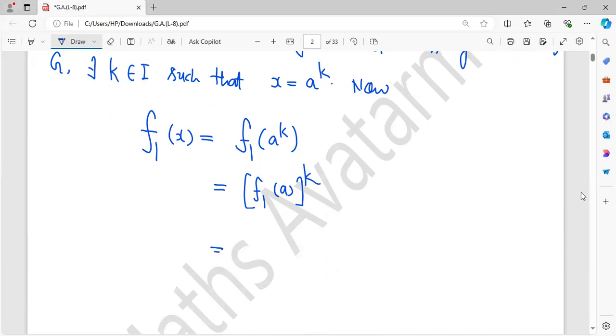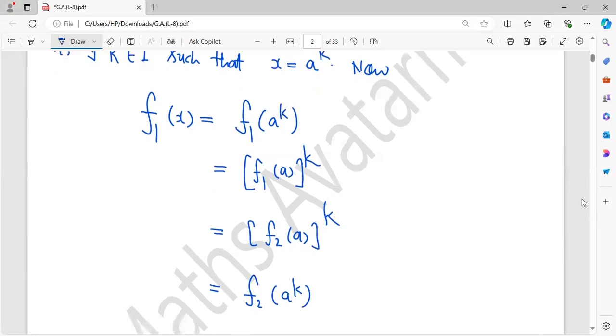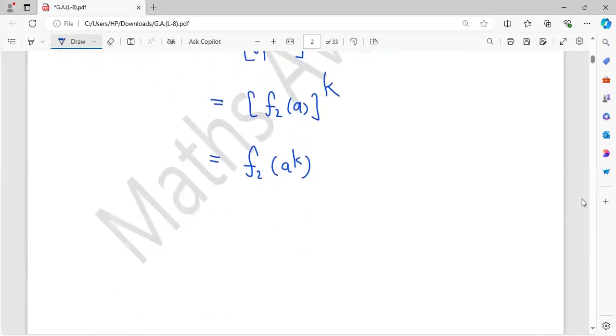But F1A is equal to F2A, so I can put in place of F1A, F2A. Again, by the property of homomorphism, because F2 is a homomorphism, I can write like this. A to the power k is x.